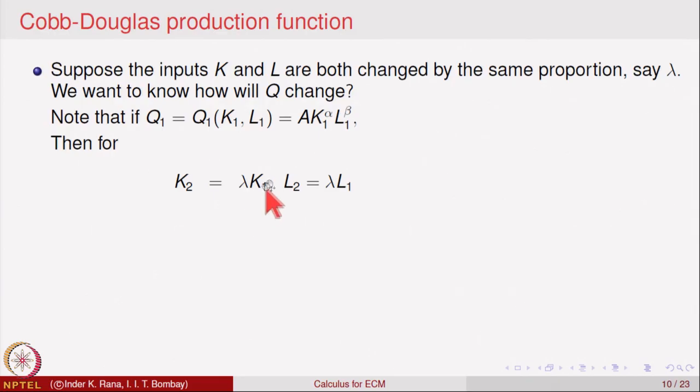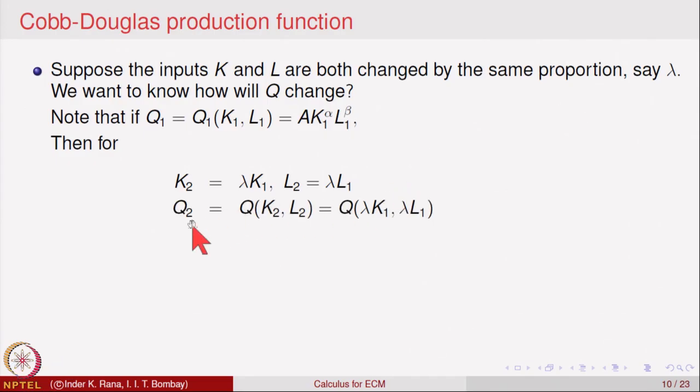So, from some value K1, L1, the capital and labor are changed to K2, L2 with the same proportionality. When you change by the same proportion, that is reflected in this mathematics: K2 is lambda times K1 and L2 is lambda times L1.